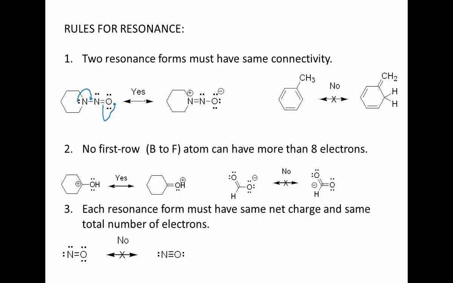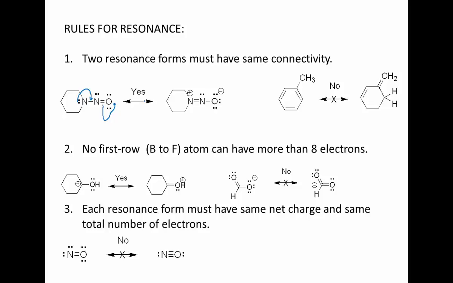Okay, I'll move it over there so it is at the same place. There's already another electron pair. But here you see that the connectivity is the same. It's a nitrogen in the middle bonded to another nitrogen and also bonded to an oxygen. That feature is present in both of these structures.